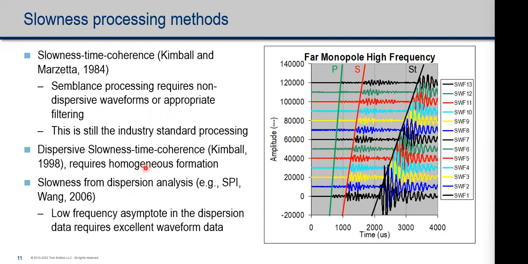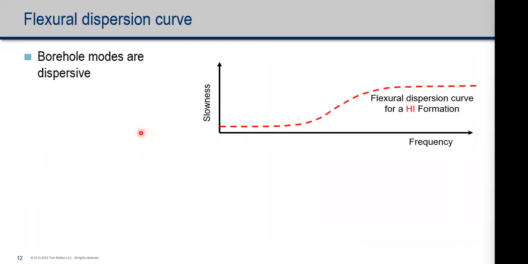Then dispersive slowness time coherence came out to try to deal with dispersion. And if you have high fidelity waveforms, you can actually determine slowness from the dispersion. But primarily, it's still the slowness time coherence that dominates the processing for shear data.